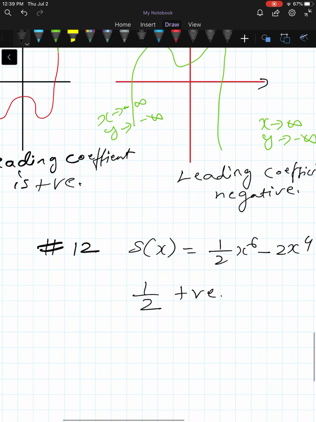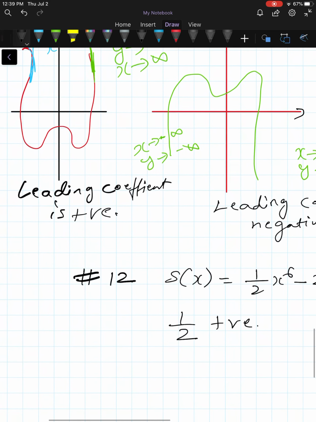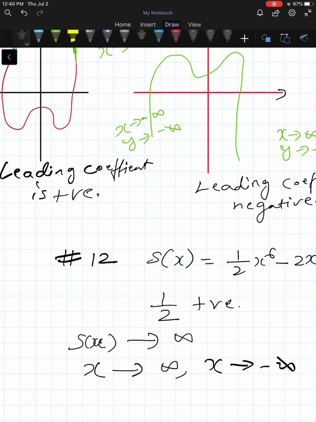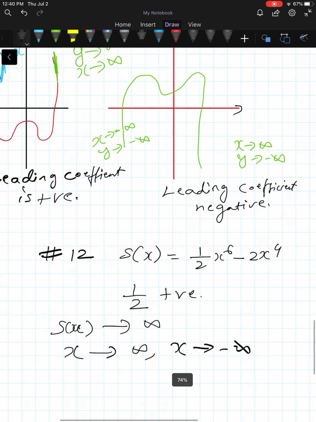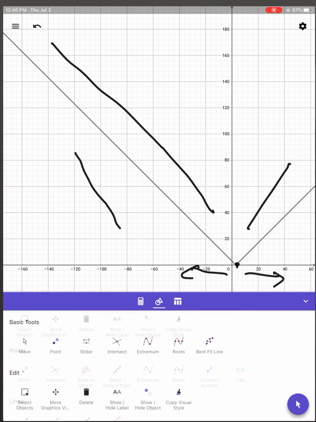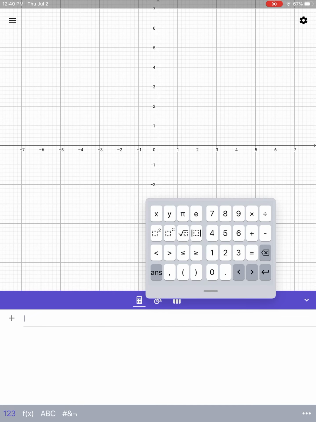Okay, when 1 over 2 is positive, what do we have? We have that s of x, which is y here, will tend to infinity when x tends to infinity as well as when x tends to negative infinity, correct? Okay, so let us check the graph by plotting it.